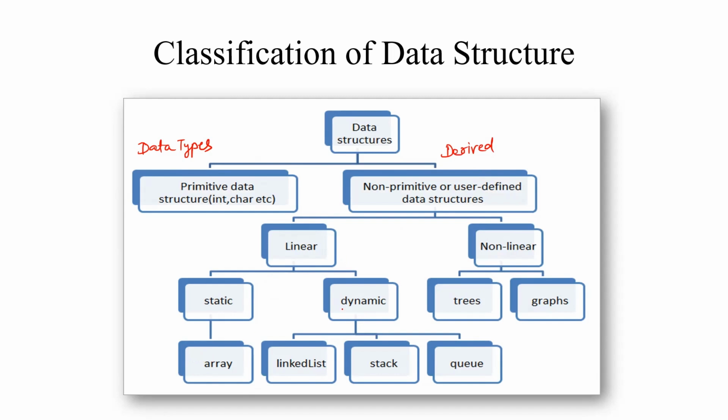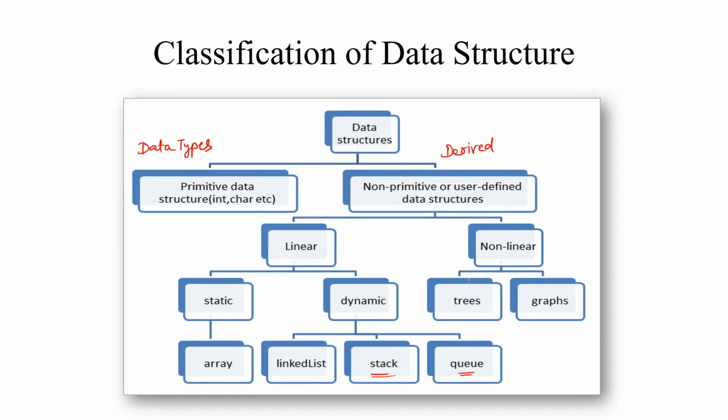Dynamic data structures can be stack, queue, and linked list. Stack and queue can also be static. It depends on our implementation, how we are going to implement these data structures. Based on that, a data structure can be static also and dynamic also. But for now, I'm considering these data structures as dynamic.